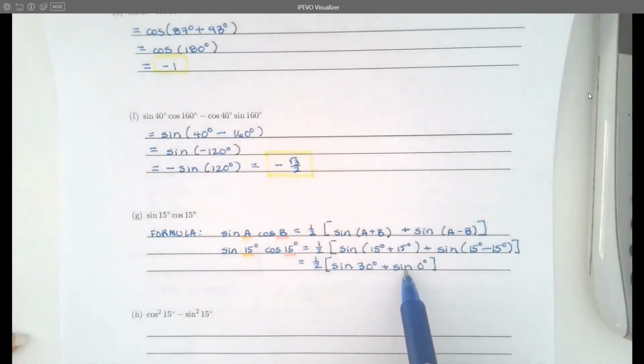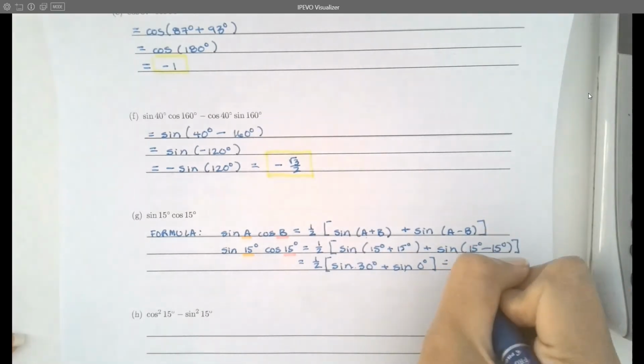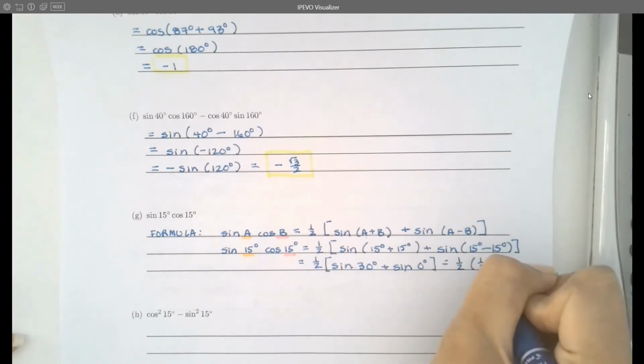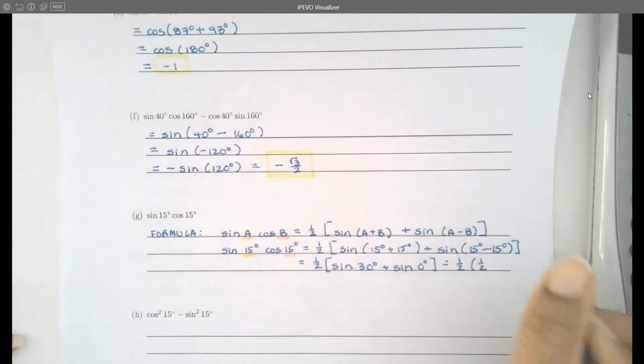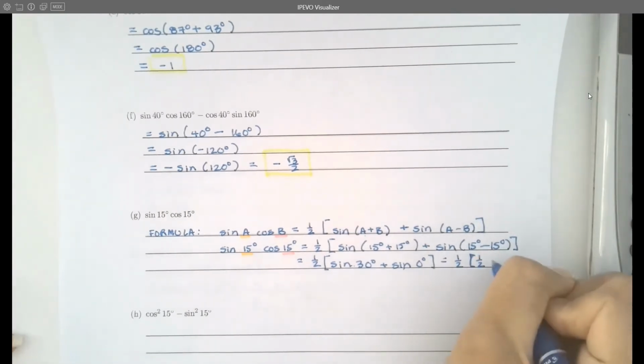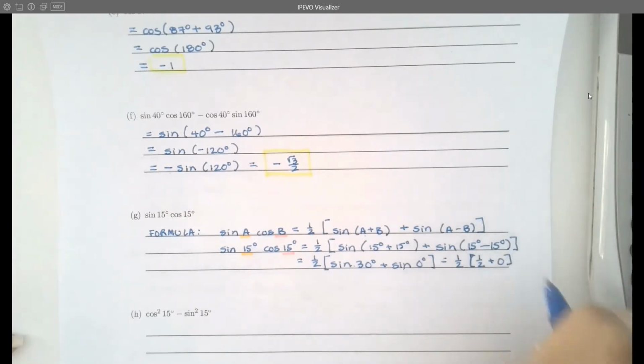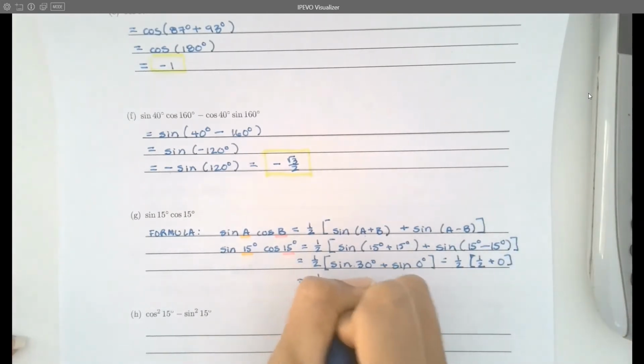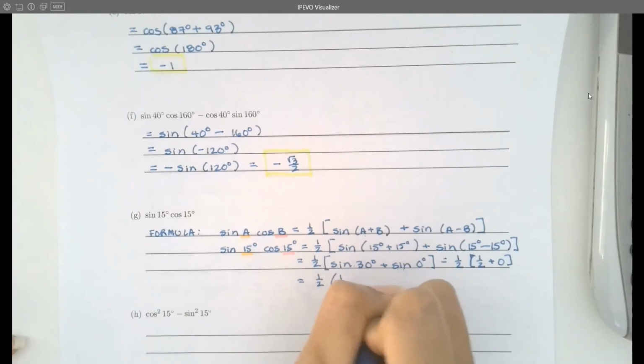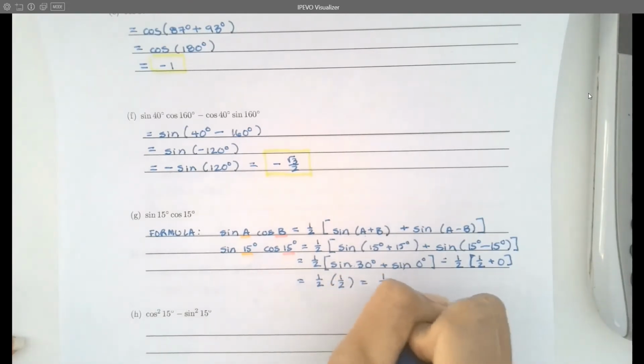Sine of 0 will be 0. Sine of 30 degrees, if you refer to the unit circle, is 1/2. So we'll end up having 1/2 times 1/2 plus 0. And that's simply going to be 1/2 times 1/2, which is 1/4.